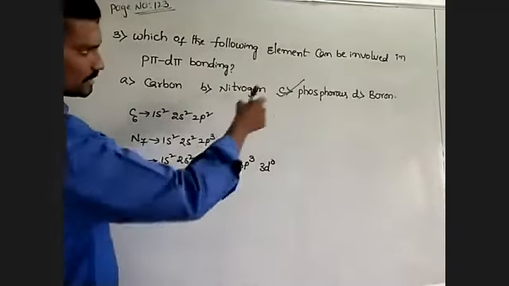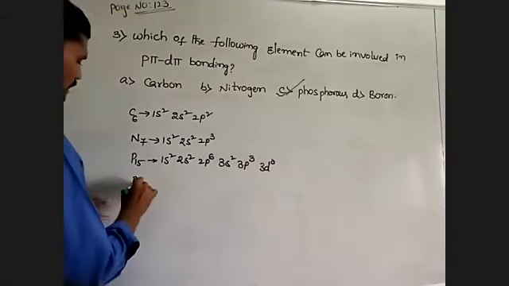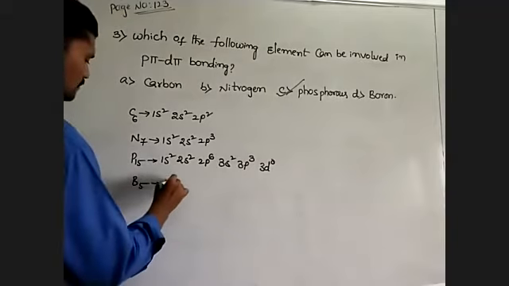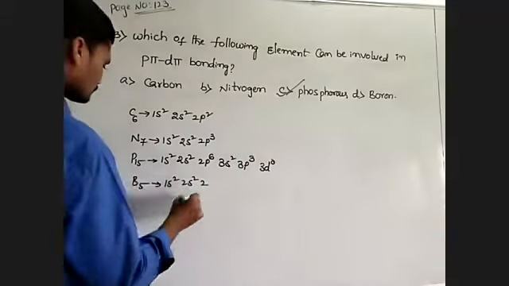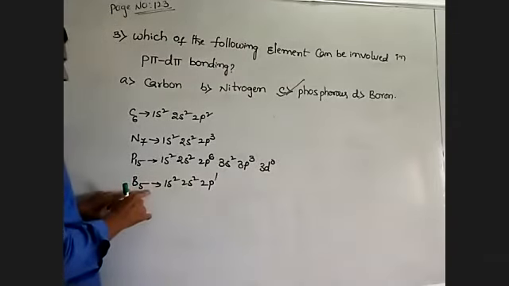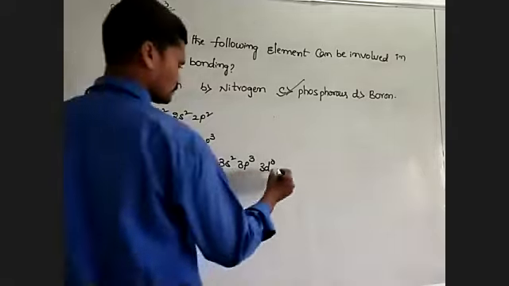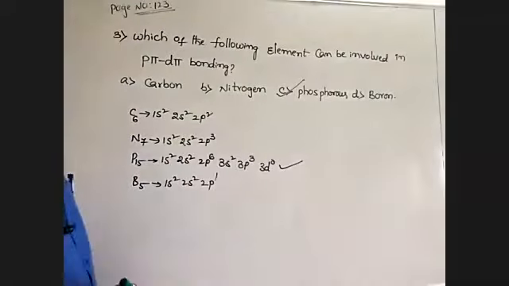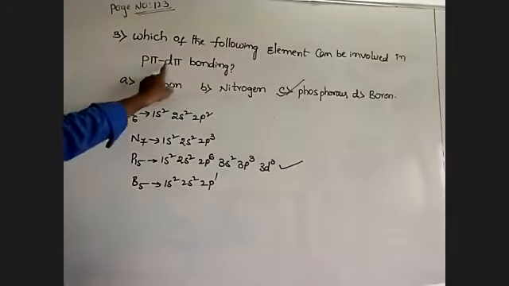So next come to boron. Boron atomic number 5. 1s2, 2s2, 2p1. It does not have a d orbital, so it cannot form the p pi d pi bond. So only phosphorus forms p pi d pi bonding.